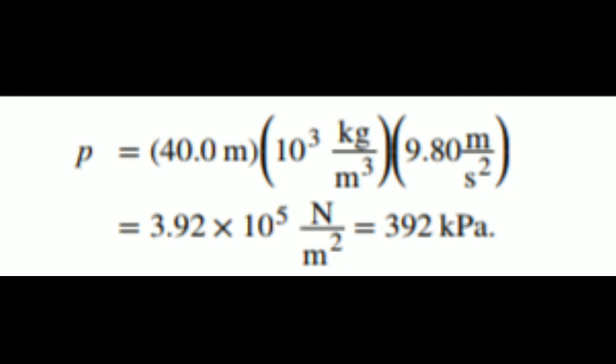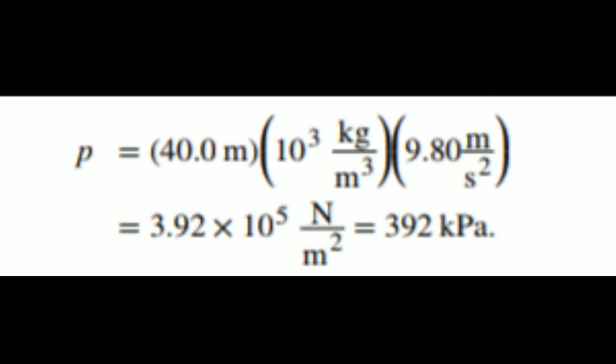Multiplying, we come up to the answer 3.92 times 10^5 newtons per meter squared, which is equal to 392 kPa.